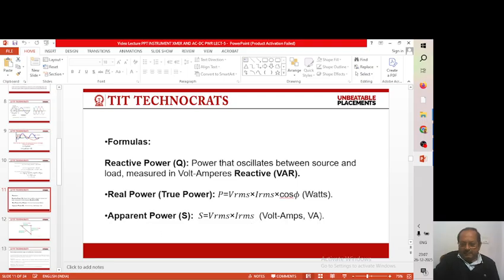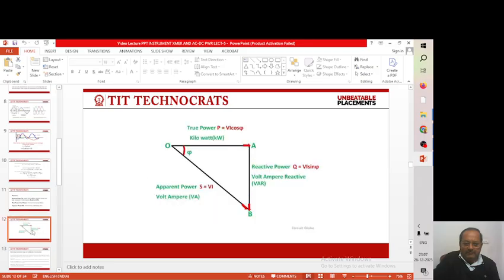It is measured in volt ampere. So there are three powers in an AC circuit: reactive power, real power, and apparent power. So this is our power in AC circuit. Thank you.